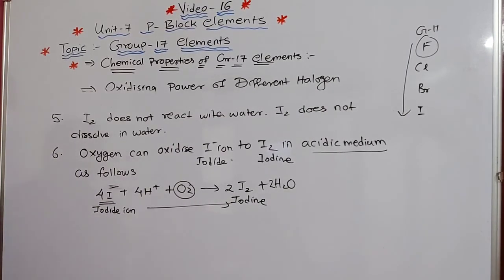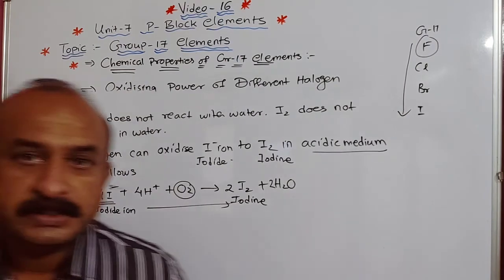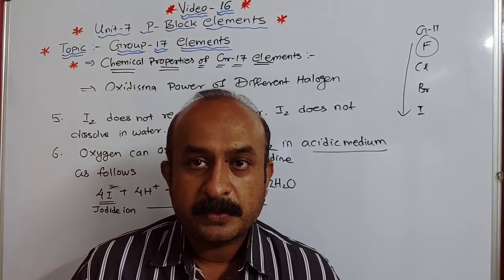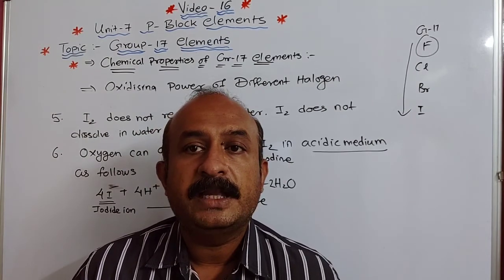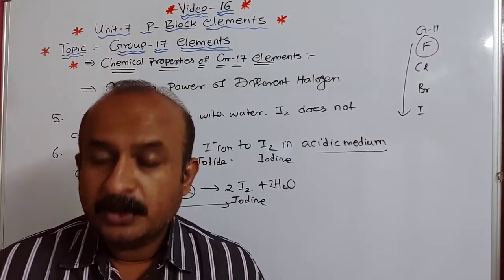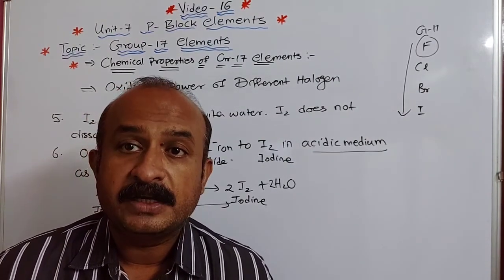So this was all about the oxidizing power of different halogens and chemical properties of group 17, in which we have discussed oxidation states and more. We will stop here. In our next video, we will continue with the anomalous behavior of fluorine, the first element of group 17. Why does it behave differently?